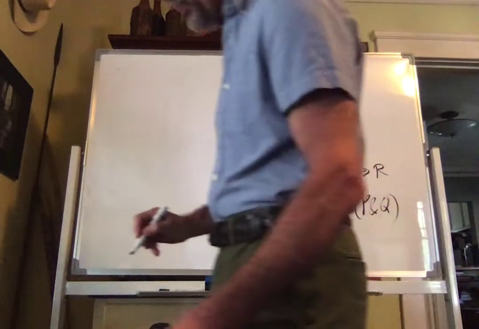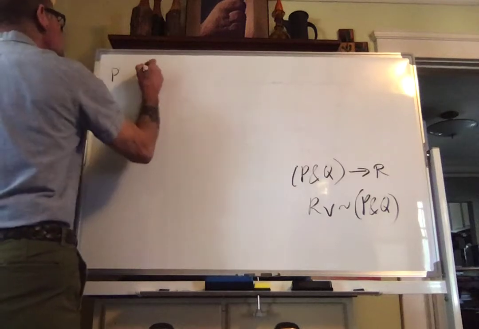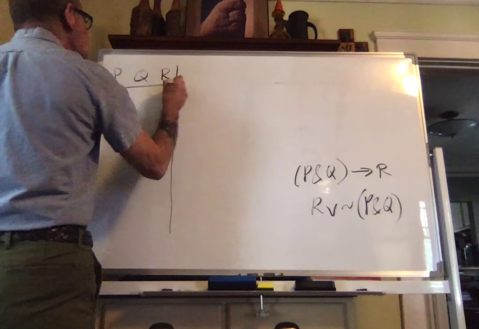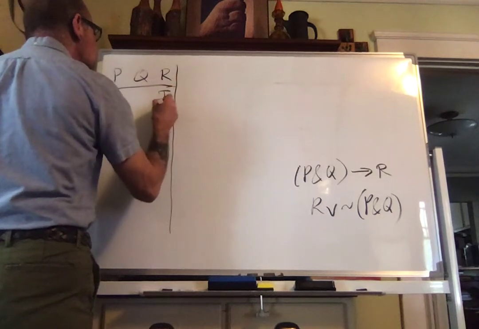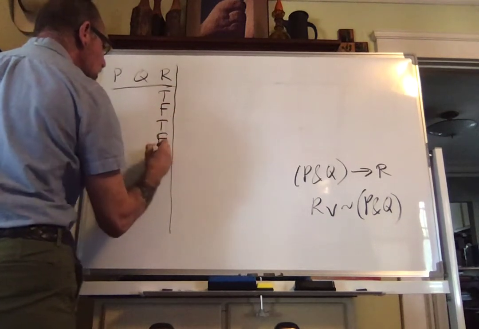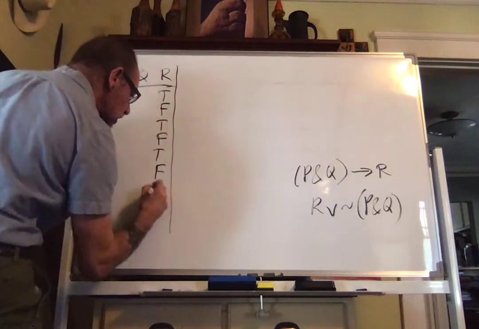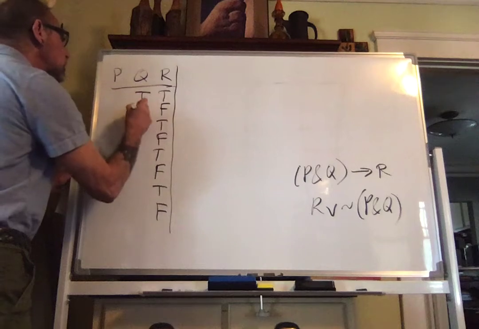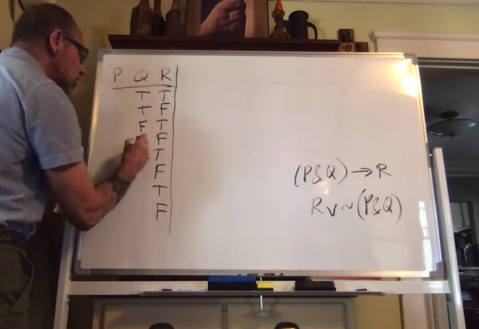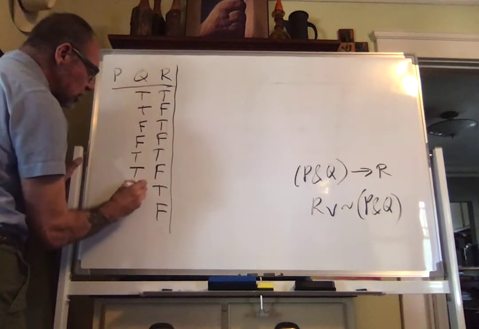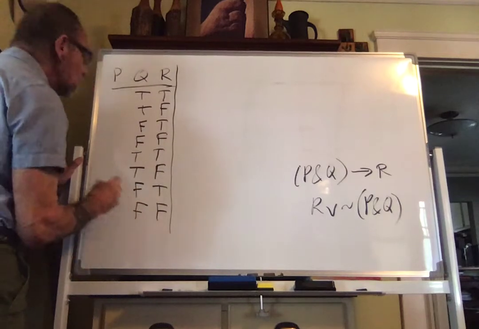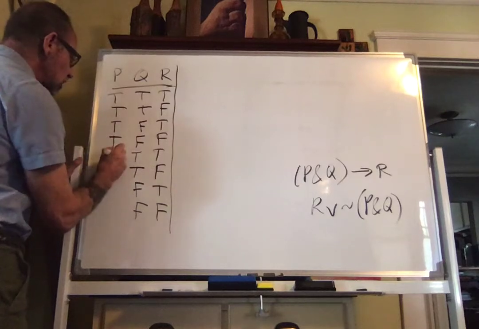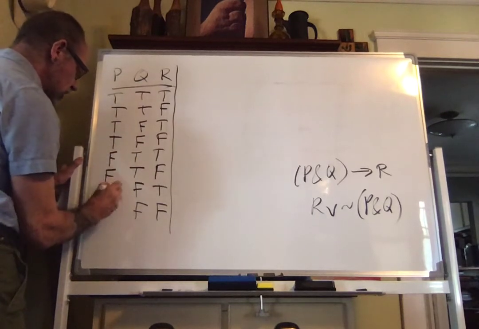All right, we've got 3 variables, so I'm going to have to set up the reference columns following the convention that we always follow for 3 variables. Under R, I switch T's and F's every single row, and we have 8 rows. Under Q, I switch T's and F's every 2 rows. And under P, every 4 rows, I switch from T to F.